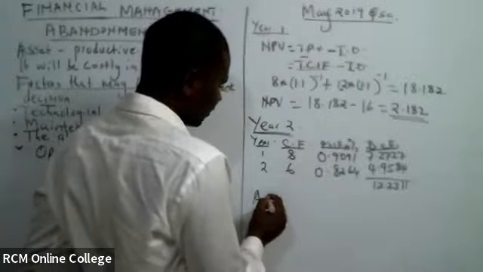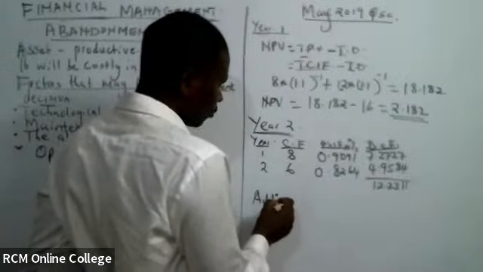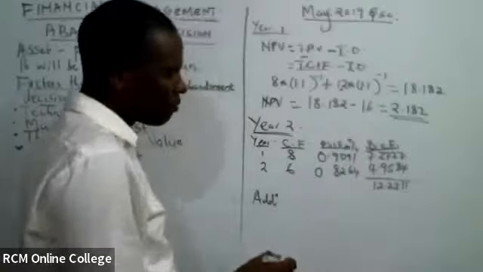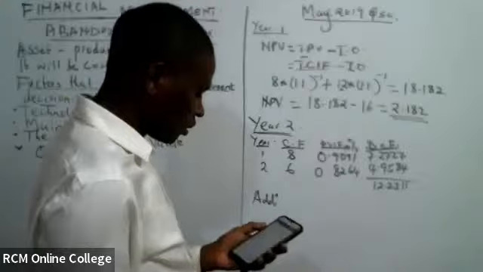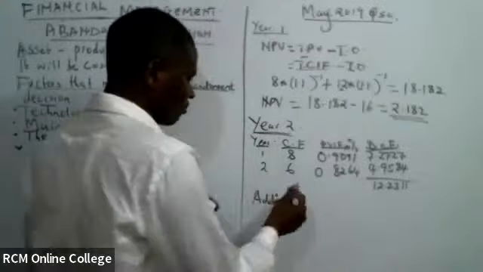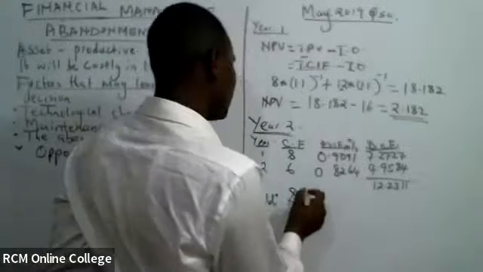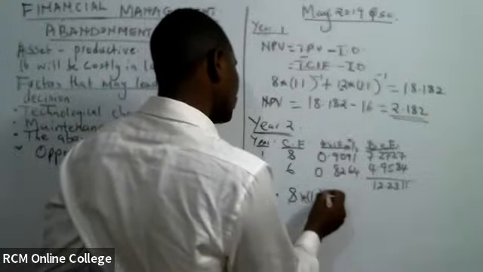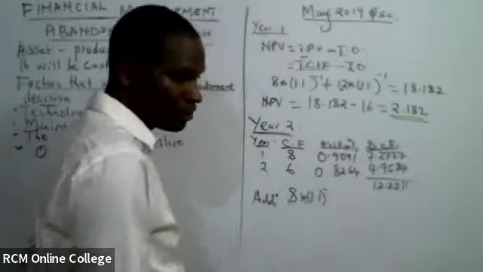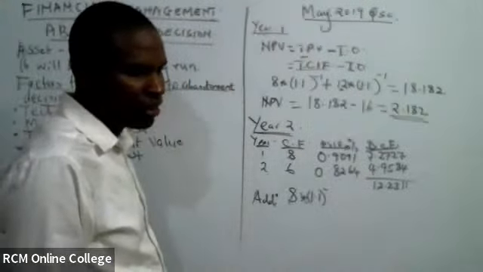Then we add that of the abandonment value. Here, abandonment value in year 2 is 8. So it is 8 times 1.1 raised to -1 or -2, class?